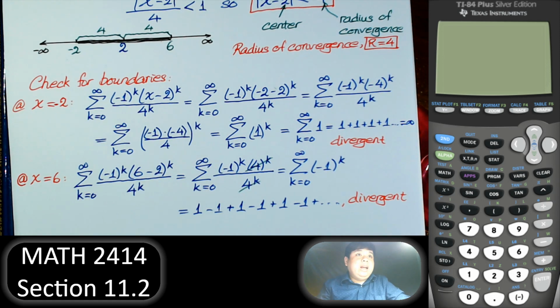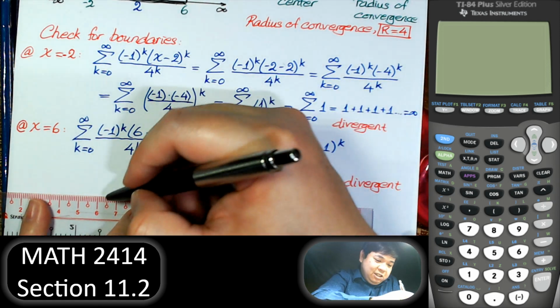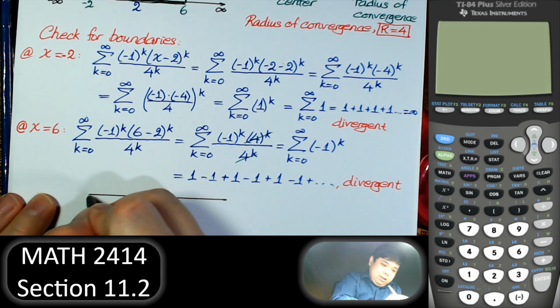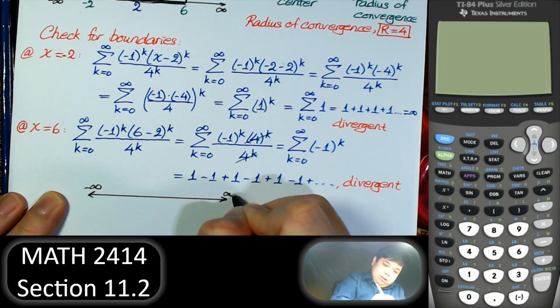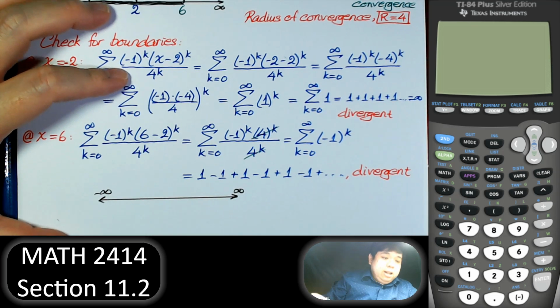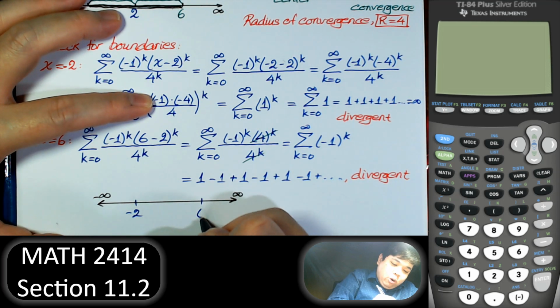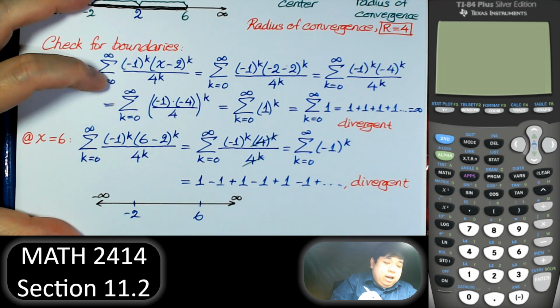Right. Now we go back to the number line. This time we have from negative 2 to 6, and we know that it is divergent on both negative 2 and 6.